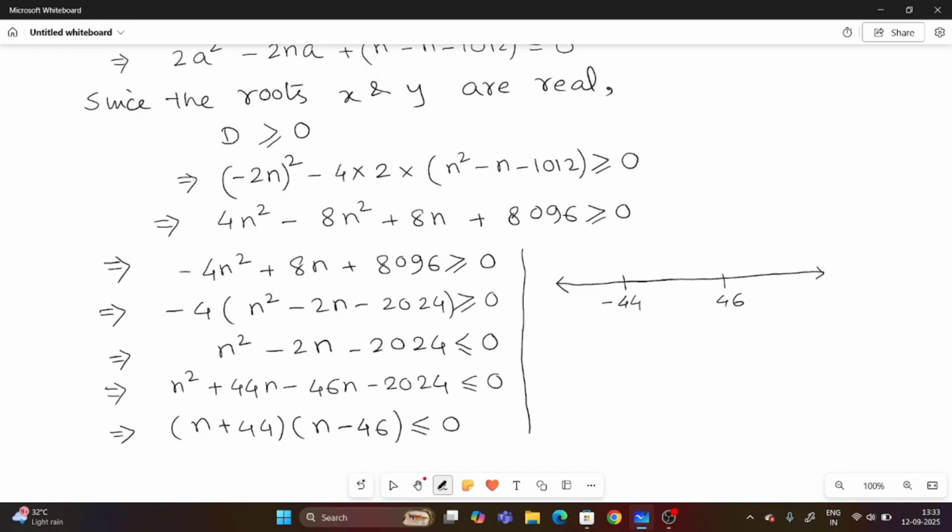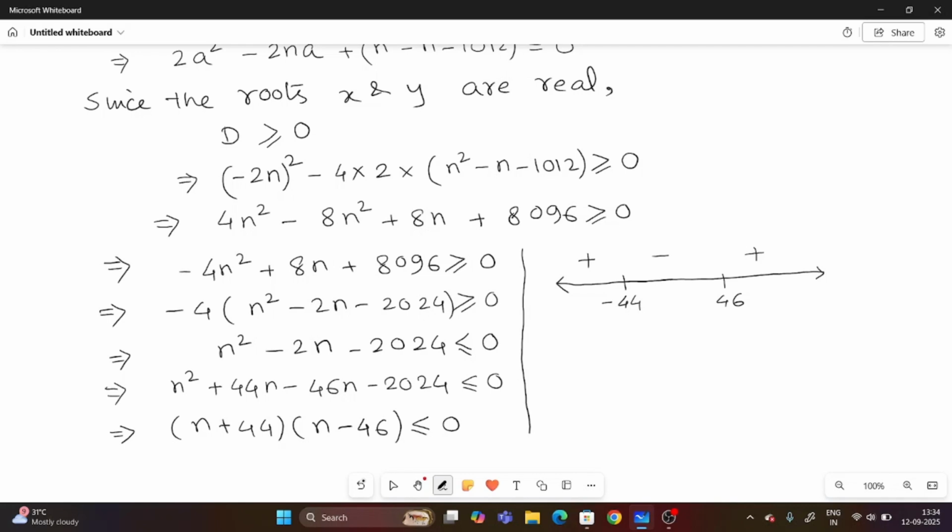So it is clear that when the value of n is less than minus 44, the expression is positive. In the next region, the expression is negative, and in the final region the expression is positive.